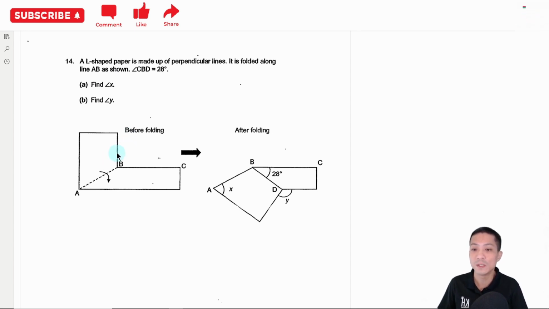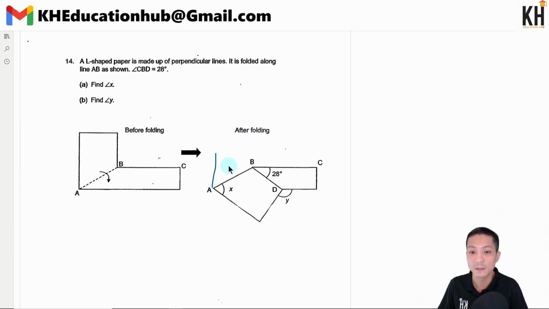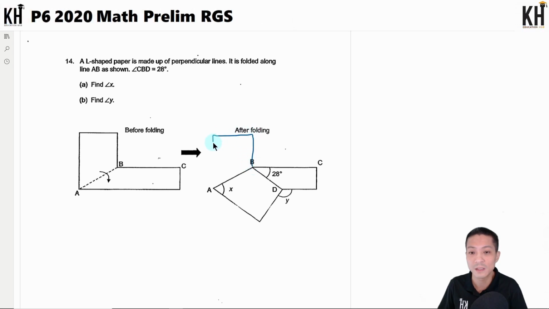For this question, I'm going to draw this paper back here first so that you will have a clearer image of it. Draw from here, or like this, and like this. Something like that.